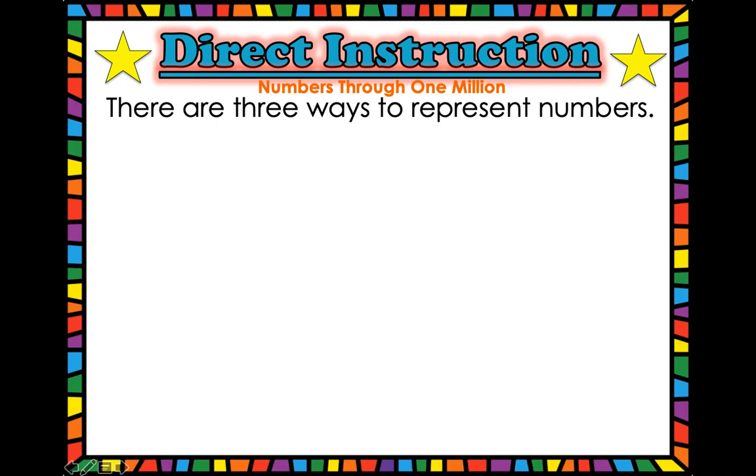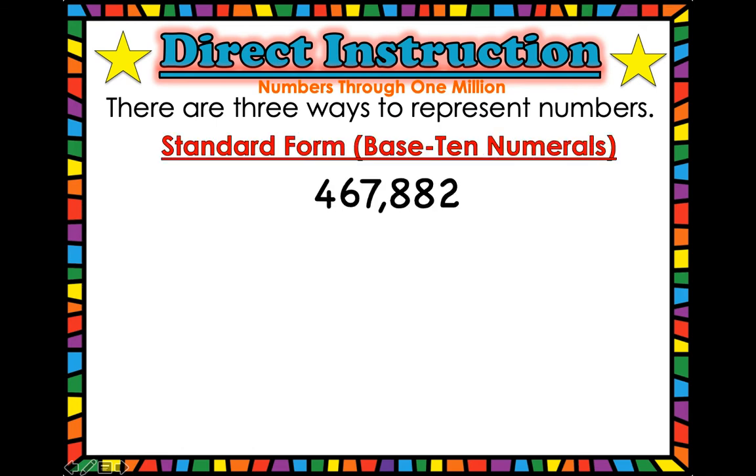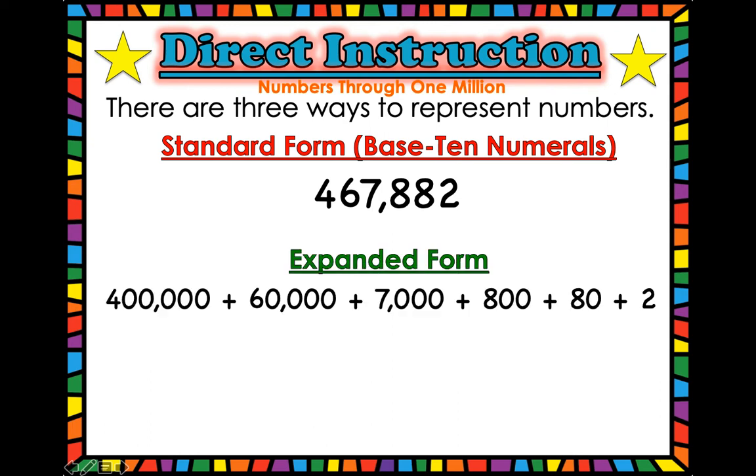Okay, so there are three ways that we can represent numbers, and you guys already know this. We have standard form, which is our base 10 numerals. So this is 467,882. We have expanded form, which is where you expand the number, and the goal is when you add it up, you should get the same number that you have in standard form. So 400,000 plus 60,000 plus 7,000 plus 800 plus 80 plus 2.